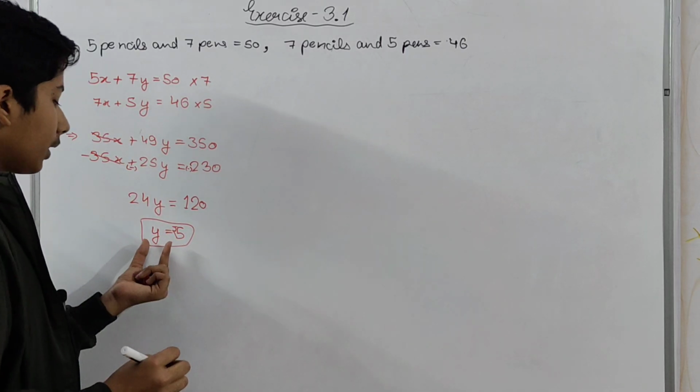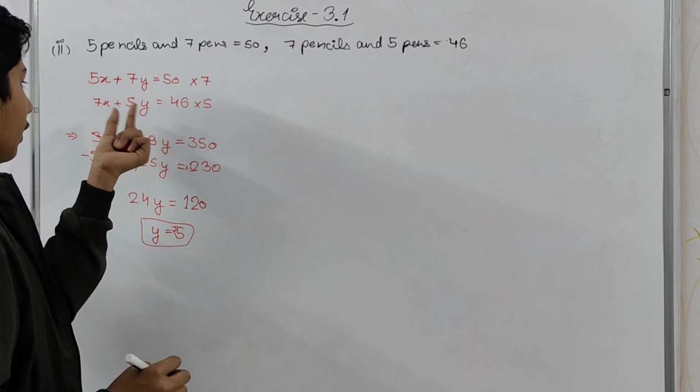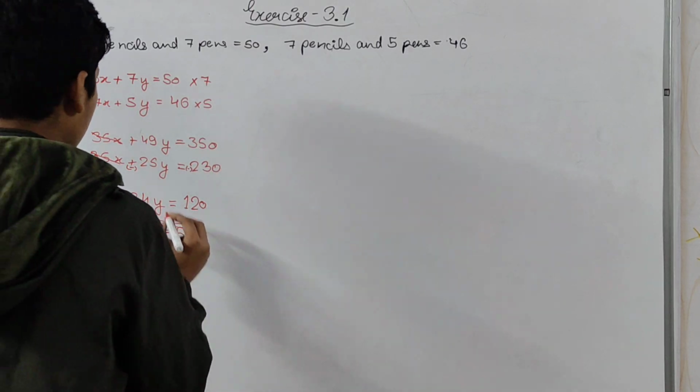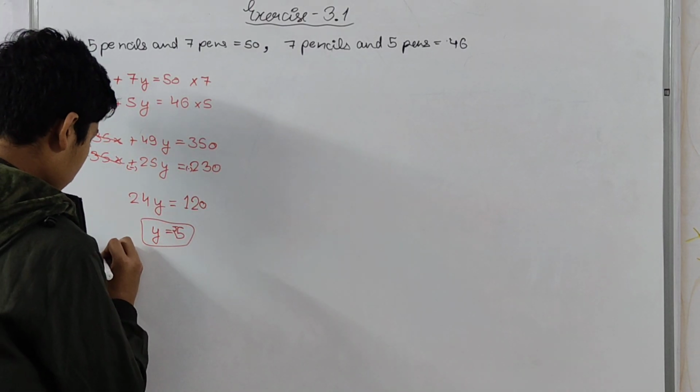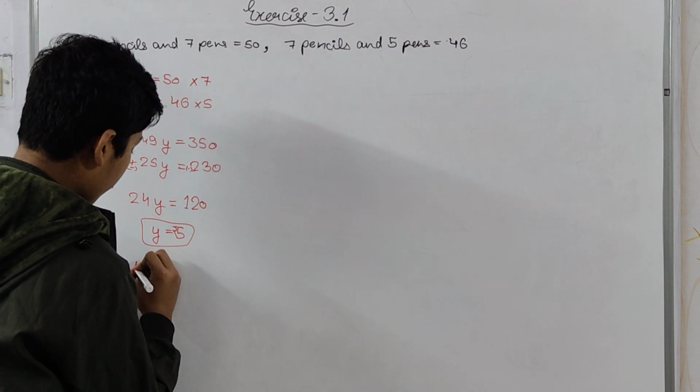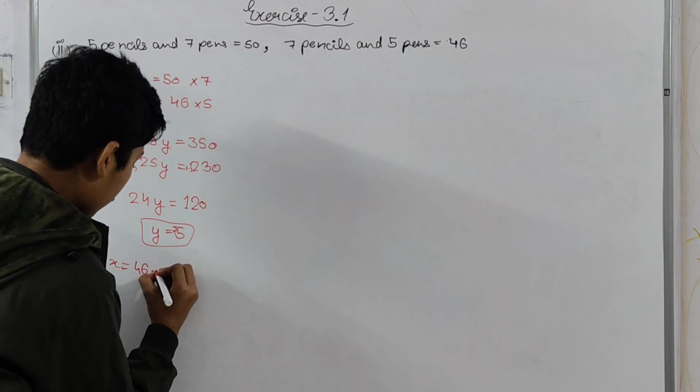This is 5. Now we put it in any of these equations. I will put it in this one equation. So 7x plus 5 fives equals 46, so 7x equals 46 minus 25.